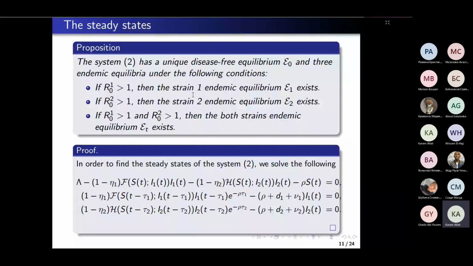If R02 is greater than 1, then the strain 2 endemic equilibrium E2 exists. And if both are greater than 1, then the both-strain endemic equilibrium ET exists.